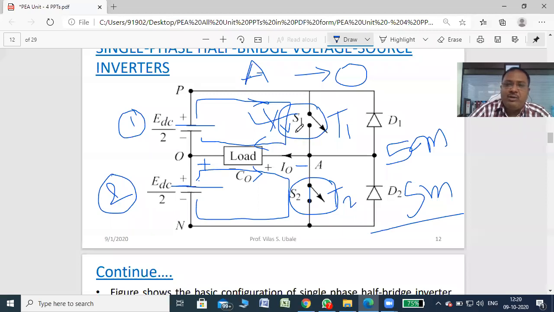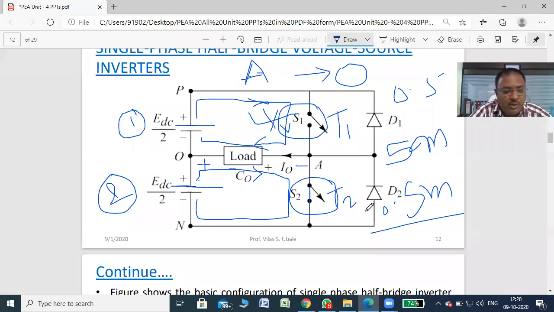If I turn on S1 for 0.5 millisecond and S2 for 0.5 millisecond, total T equals 1 millisecond, the frequency of the inverter is 1 kilohertz. 1 divided by 1 millisecond equals 1 kilohertz. So we can have a variable frequency simply by changing the on time of S1 and S2.